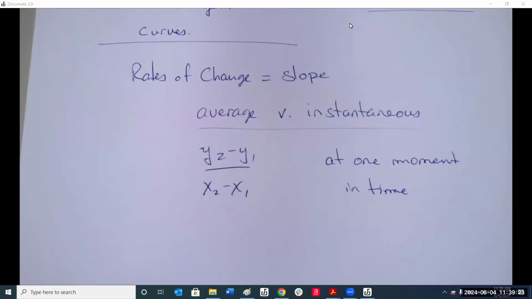So how do we determine this in a moving object? How do you determine the average rate of change in a moving object, let's say a car or somebody walking or somebody running, how do you determine their average rate of change or their speed? What's that?